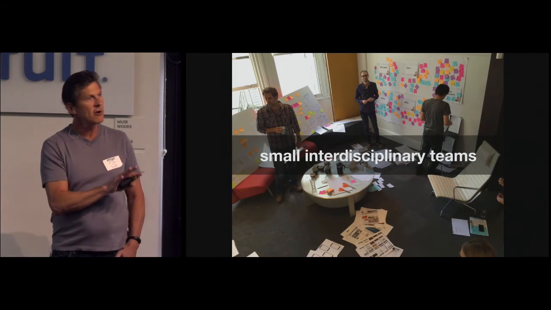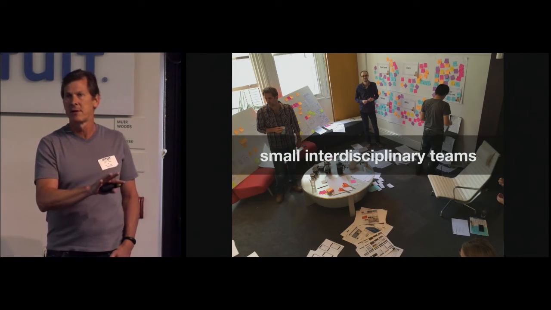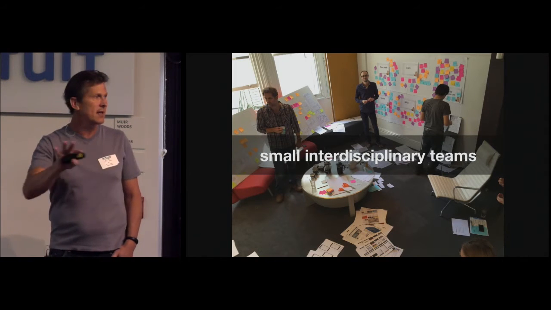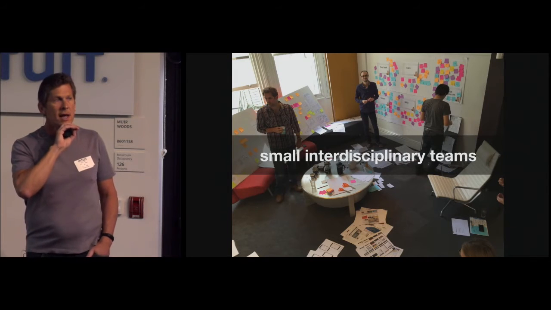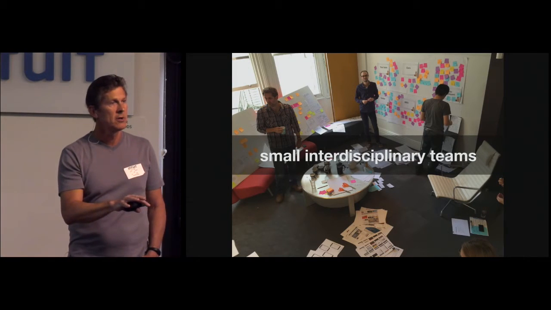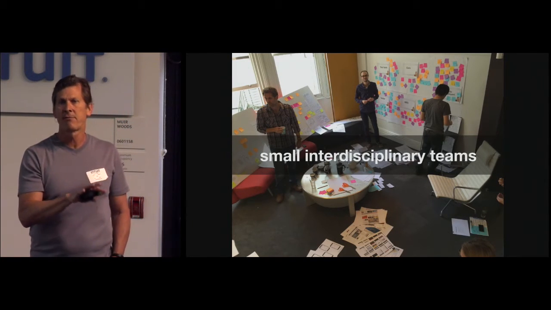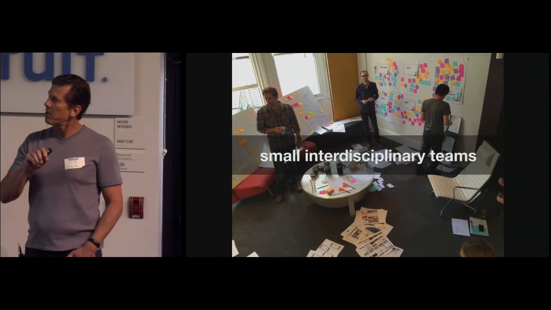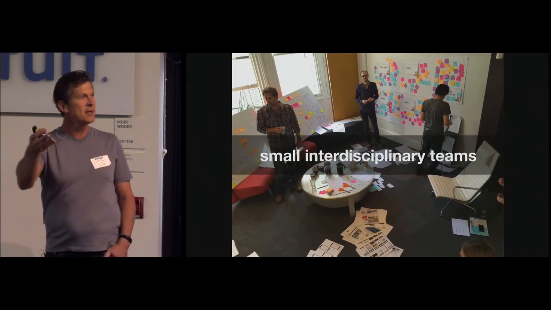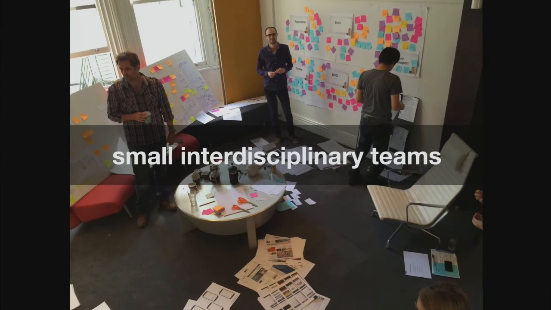So first is start off with small teams that have representatives from all the groups that are going to contribute to that product. And co-locate them so that they're working together every day, right? So if you start off by getting someone in product pulling together 4 designers, coming up with a mock-up, and then halfway through that process you pull in the development team, that's not going to have as high a probability of success.